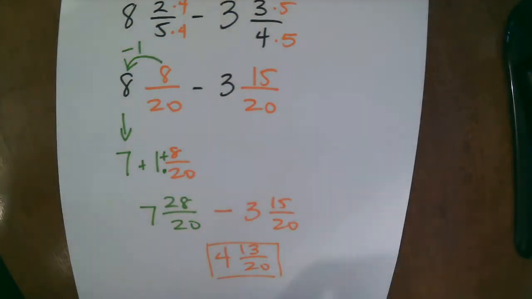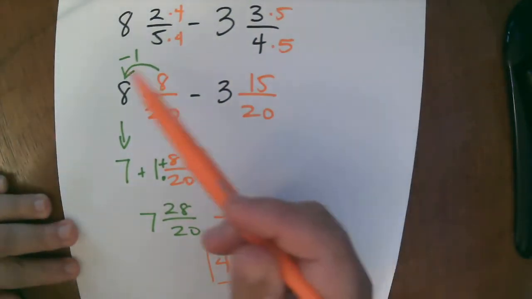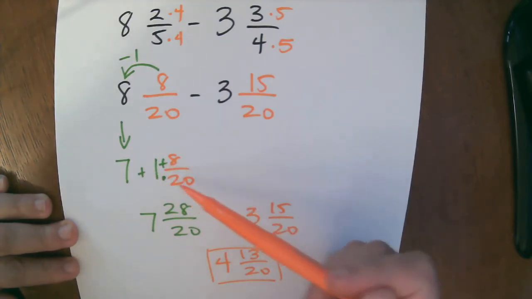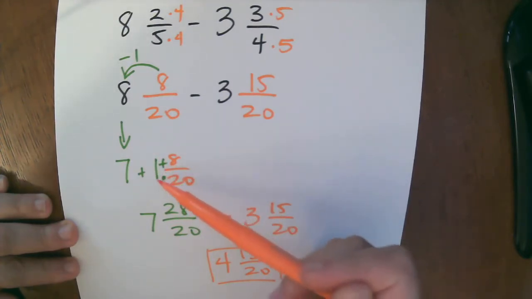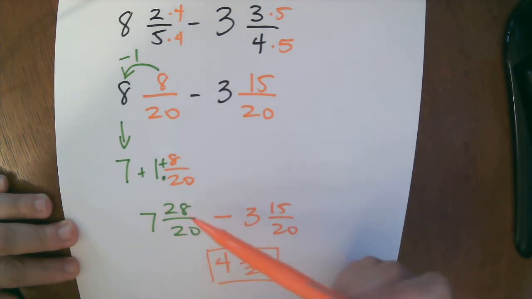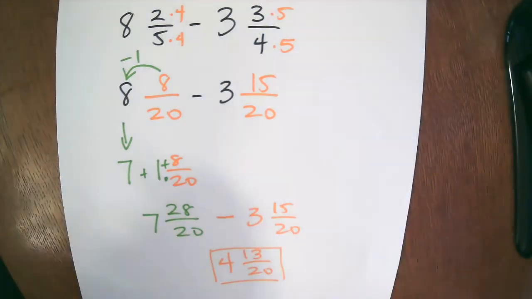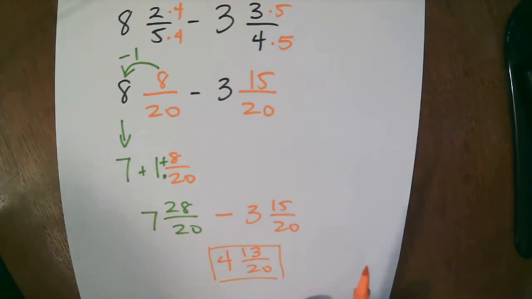Okay, so again, I took $1, I made change, I gave that dollar to my change, I used my clock method, and I got this fraction, which again is equivalent to this one. It's just now I have more change instead of cash, and then I subtracted. Let's look at another example.